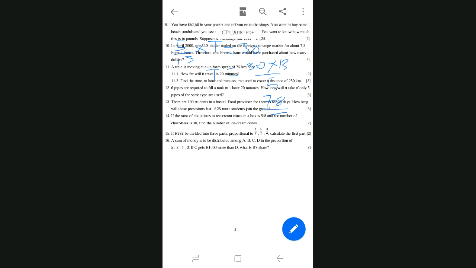Now the question says that you must find the number of ice cream. The ratio of the ice cream was 8. So it will be 8 over the total, which is 13, times 78.